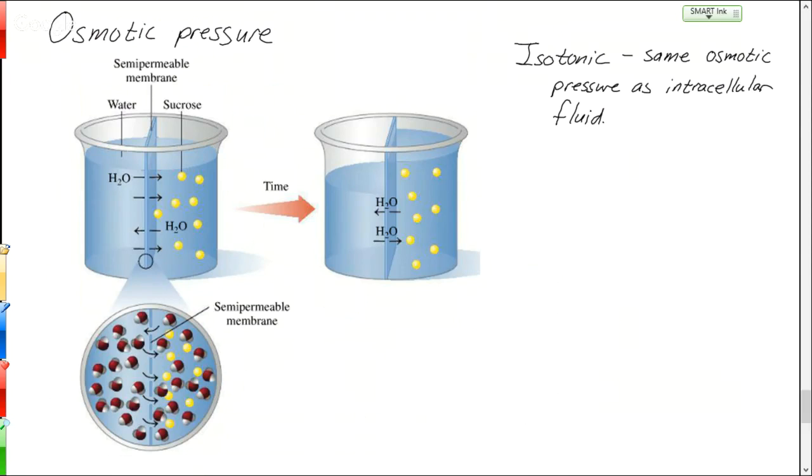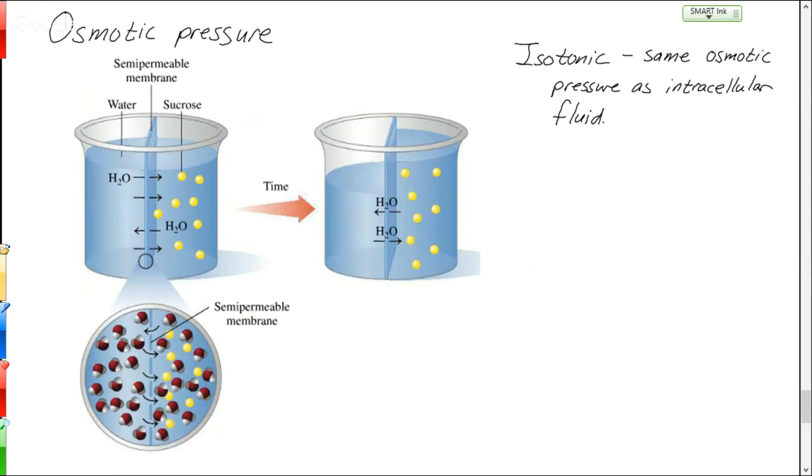So an isotonic solution in your body doesn't mess with your cells, because if you imagine the cell membranes as the semi-permeable membranes, an isotonic solution has the same osmotic pressure as the liquid inside the cell, which means no water is going to be pushing in or out. There's no osmotic pressure when you have an isotonic solution.